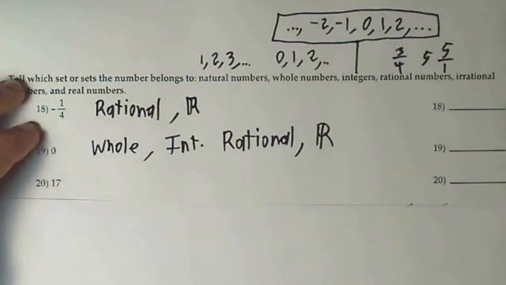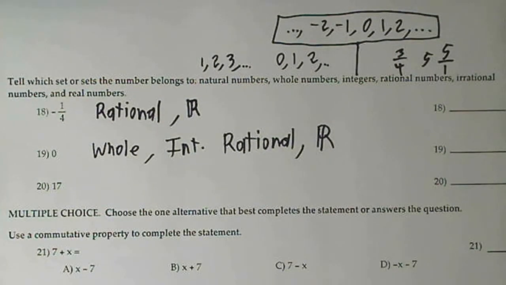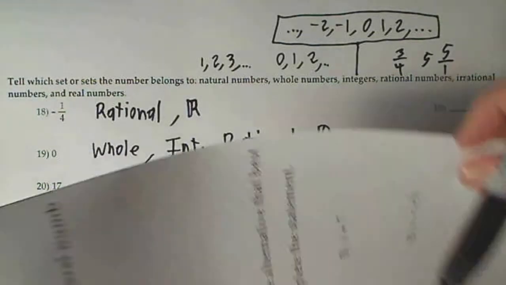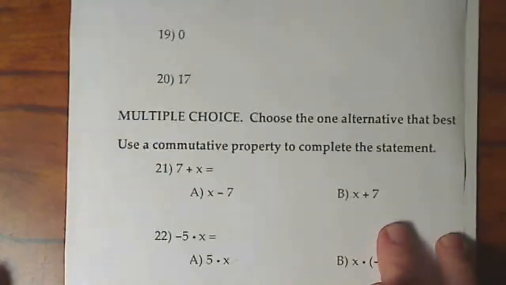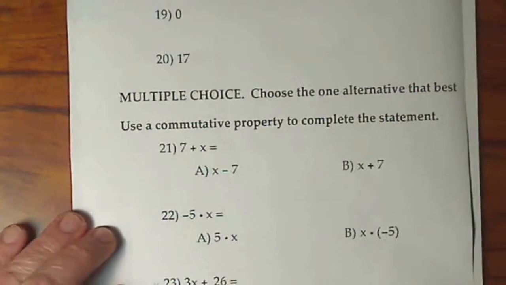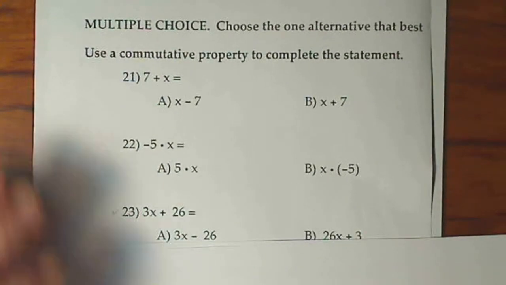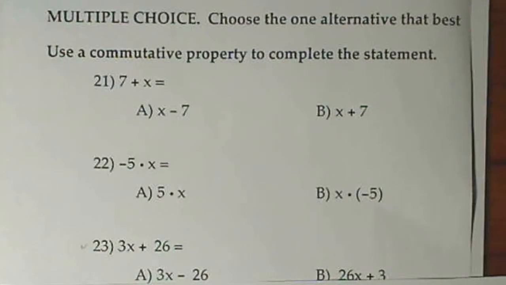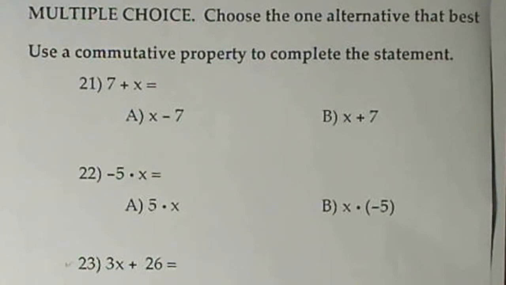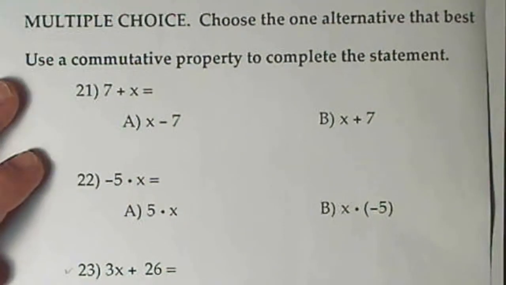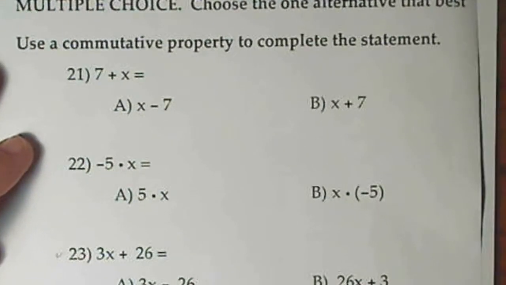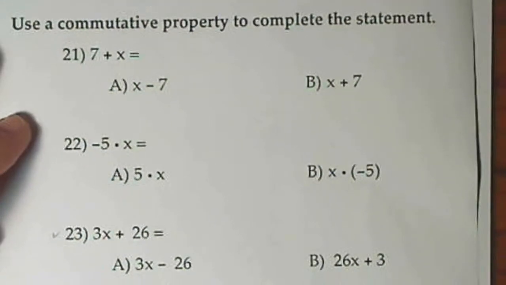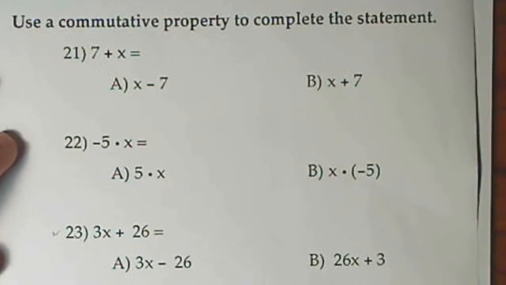All right, so let's take a look at moving along. We'll look at number 23. I think I'll zoom in a little bit here. They want us to use the commutative property.